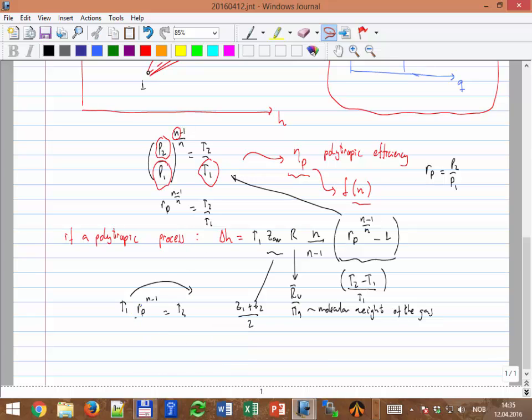T2 is a function of T1, so when you substitute here you have T1 Rp to the n minus 1 over n minus T1, and that's T2 minus T1, right? And then T1 can come out like a common factor. Did you see it now? Okay.